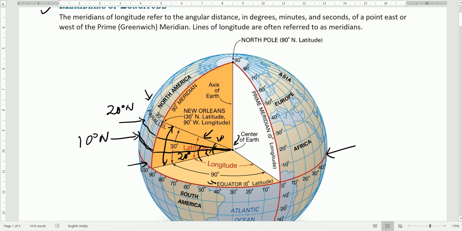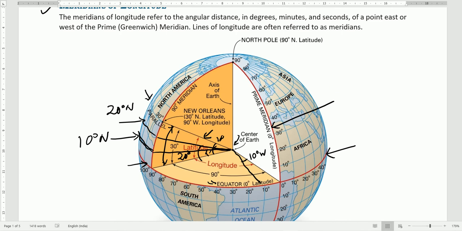And likewise, for the lines of longitudes, see, this is the prime meridian. That is the 0 degree longitude. And here, if we draw a line from the center of the earth towards the surface, then the angle formed here is known as longitude. Let us say this angle is 10 degree, for example 10 degree west.